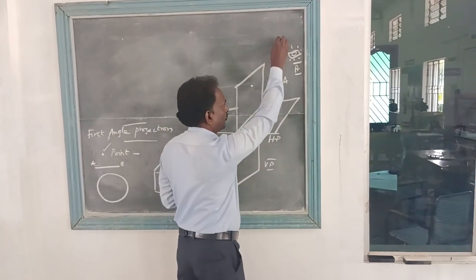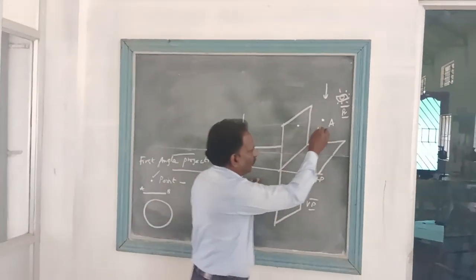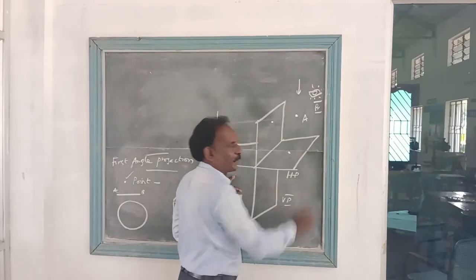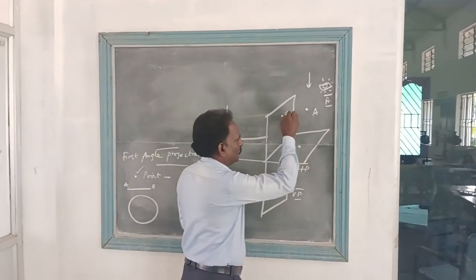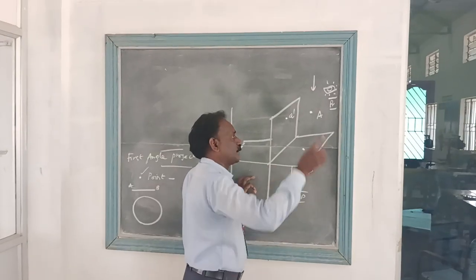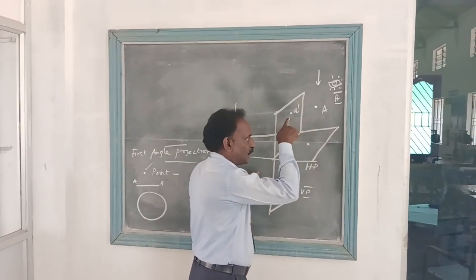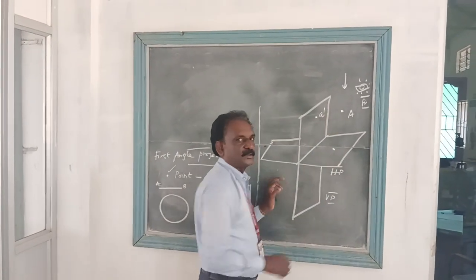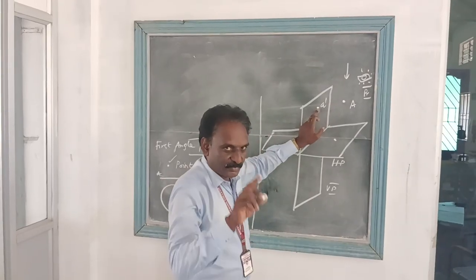If you are seeing from the top, just above the point, the view falls on the HP, the horizontal plane. So now this will be the front view. The name of the point is A, so we denote the front view with a small letter with a dash. So the point is A, and we are placing the front view simply as a dot.